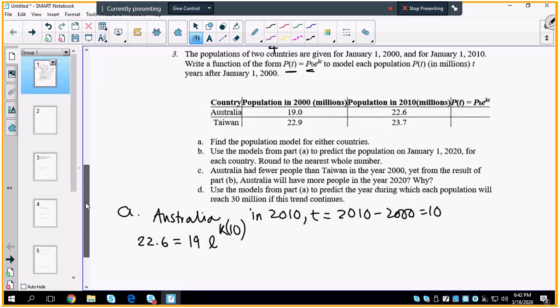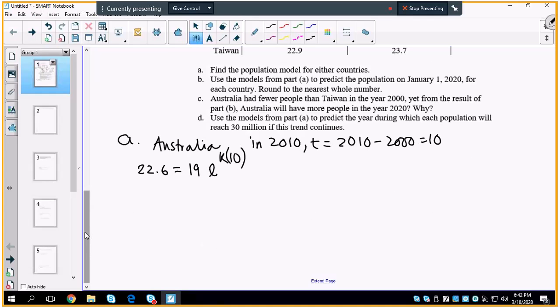And that's an exponential equation which we're going to solve to find k, the growth rate. So divide both sides by 19 first. And I get 22.6 over 19 is equal to e to the power 10k, because the base is e. We're going to take the natural log.